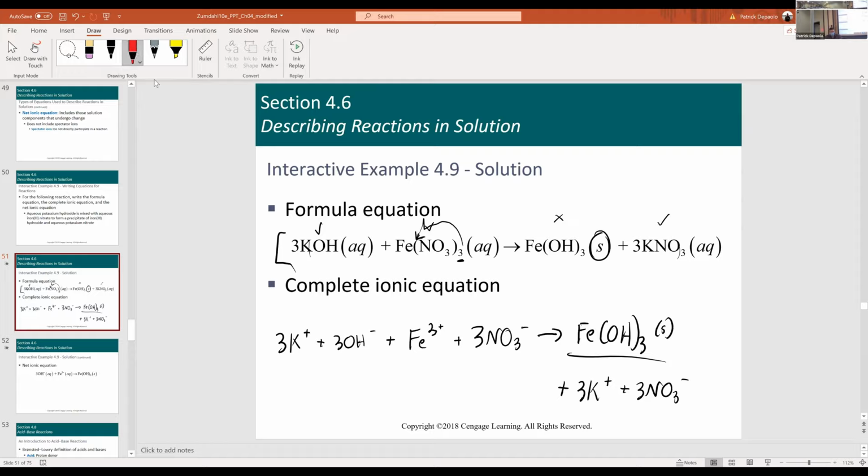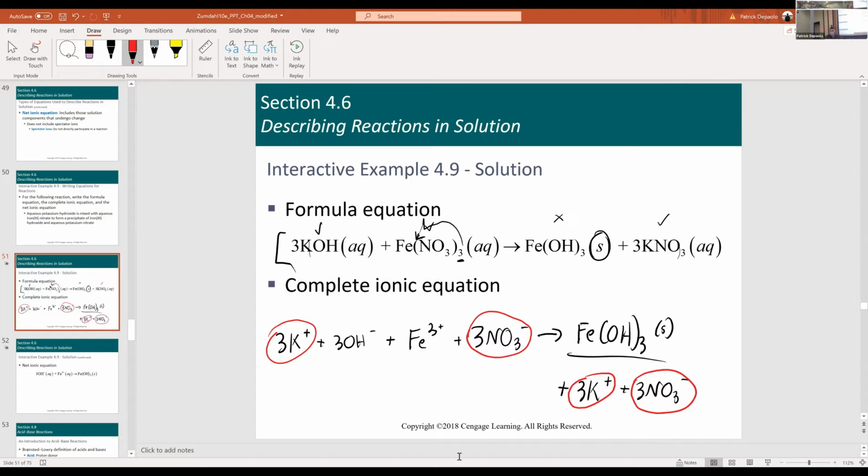So spectator ions, let's look at 3K+. On the right side, we have 3K+. So that's a spectator ion. We're not going to need that. 3OH-: there's no 3OH- here. It's in Fe(OH)3. We need that to make the Fe(OH)3. Same thing with the iron. We need that. The 3NO3-, that's a spectator ion.